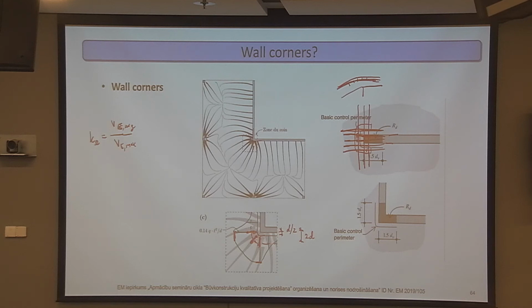In practice, my approach for corners like this has been to look at it as a column like this and then design it for punching around the column, and put shear reinforcement in here if this column needs shear reinforcement, and then put it proportionally.